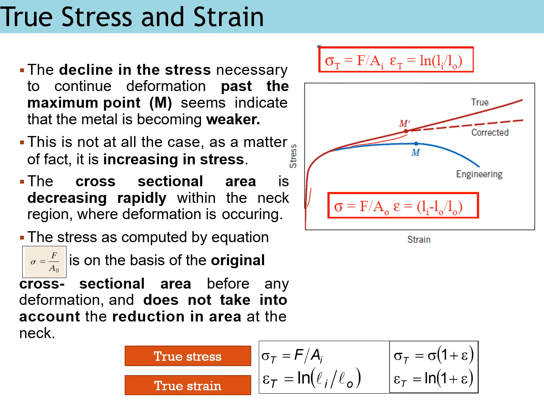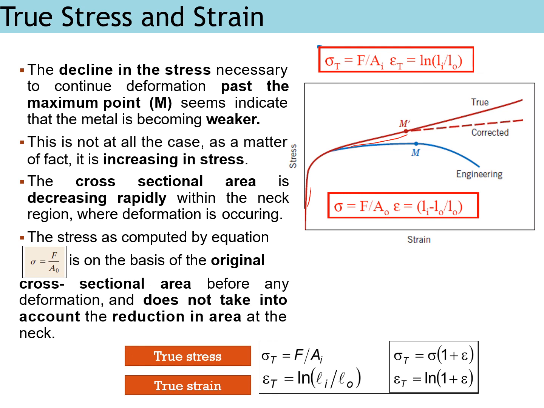So you need to remember that necking is a rapid reduction of the cross-sectional area of the test piece, at which the value for the engineering curve reaches its maximum value, which is the ultimate tensile strength. Okay, so we can say that this is not all for the cases.